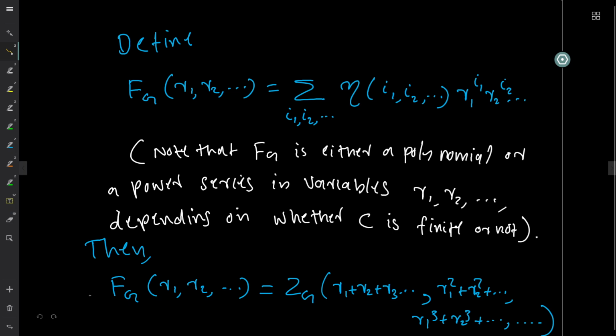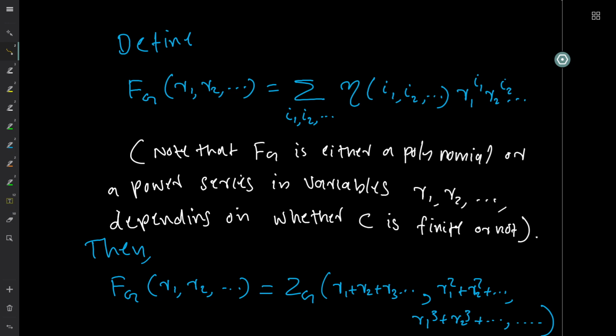Then Fg of R1, R2, etc., is actually equal to the cycle index Zg of the group, where Z I is substituted by summation Rj raised to I. So Zg of R1 plus R2 plus etc., comma R1 square plus R2 square plus etc., comma R1 cube plus R2 cube plus etc., comma etc. So this is what Fg is.